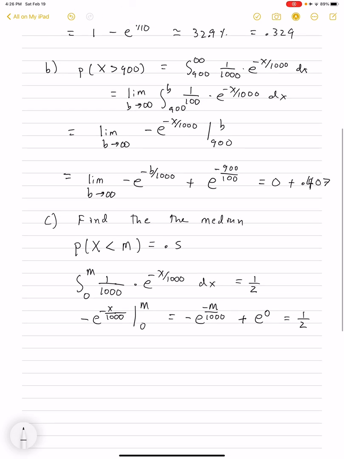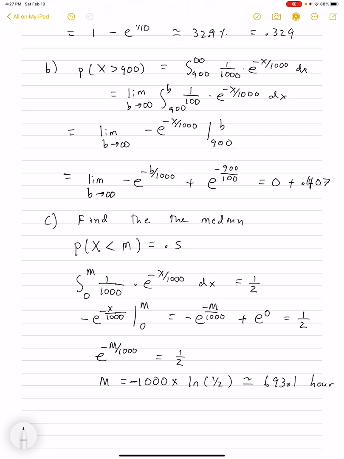Well, we'll do some algebra, and this says e to the minus m over 1,000 is equal to 1/2. So that says m is equal to 1,000 times ln of 1/2, negated, that'll be a negative 1,000 times ln of 1/2, and that's approximately 693.1. And this is in hours.